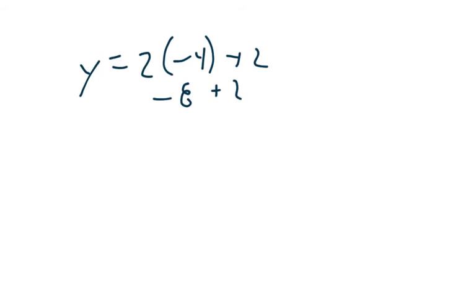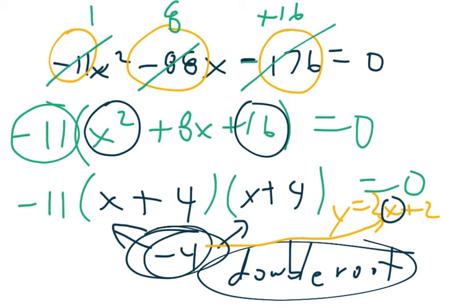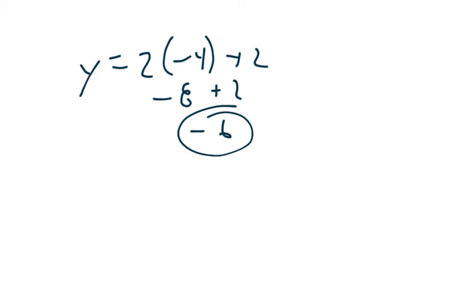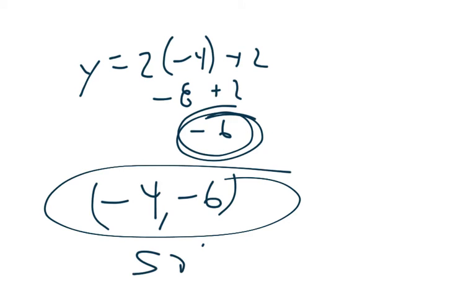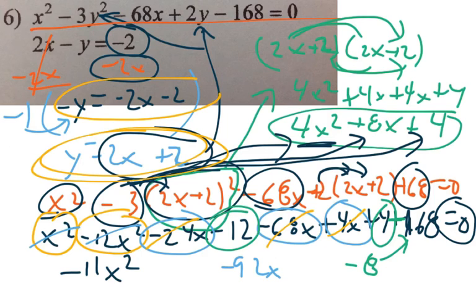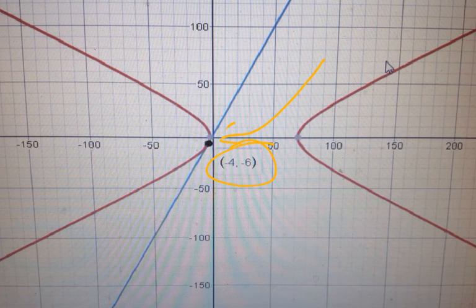Negative 8 plus 2 is negative 6. Putting it all together finally, I had a negative 4 for x, and right here I have a negative 6 for y. This is my one and only solution. And that, of course, matches exactly what I got in the graph right there. Negative 4, negative 6.